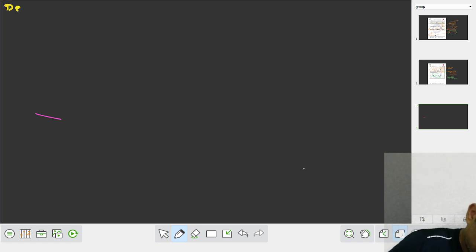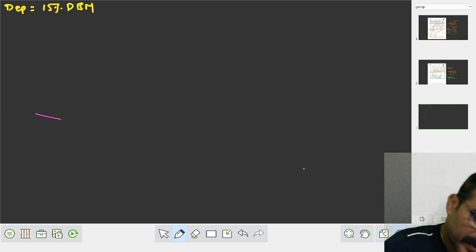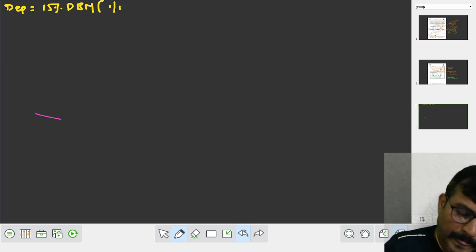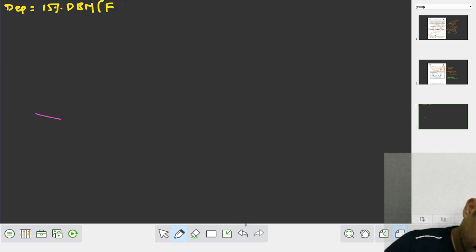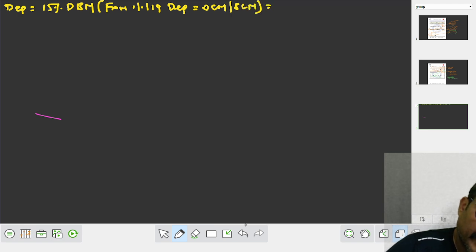Depreciation. What percent? 15%. Under what method? Under the DBM method. From when is the method of depreciation changed? From 1st January 19, depreciation is the OCM method or straight line method.